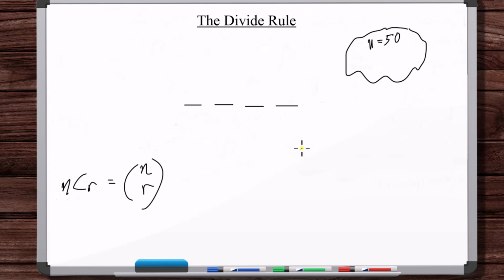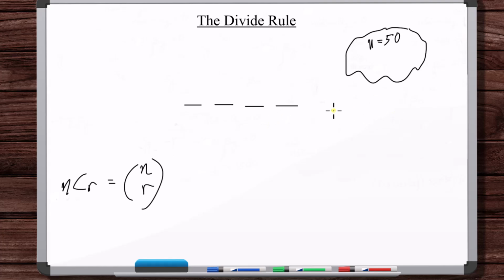Okay, and so to come up with this n choose r formula, the whole idea is we want to calculate the number of permutations for selecting R items from a group of 50, the number of different arrangements. So nPr, but then from that, we want to divide out the count we don't need, which in this case is the number of ways you can arrange 4 items in a line.